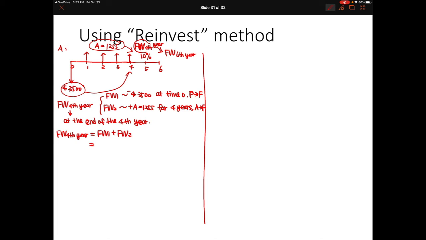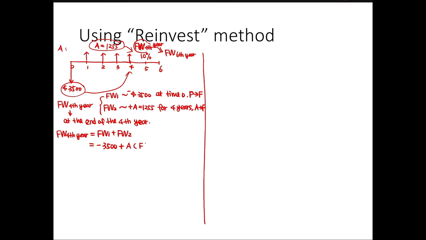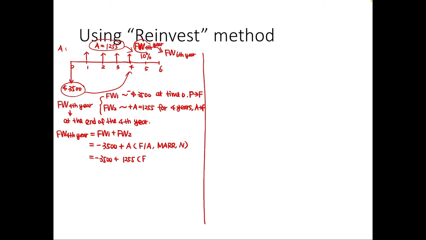I'll just write it directly without listing all of them individually like before. So FW1 is negative 3,500. FW2 is positive. By formula, it's A times F/A, MARR, N. A is 1255. The factor is F/A, 10%, 4, right?